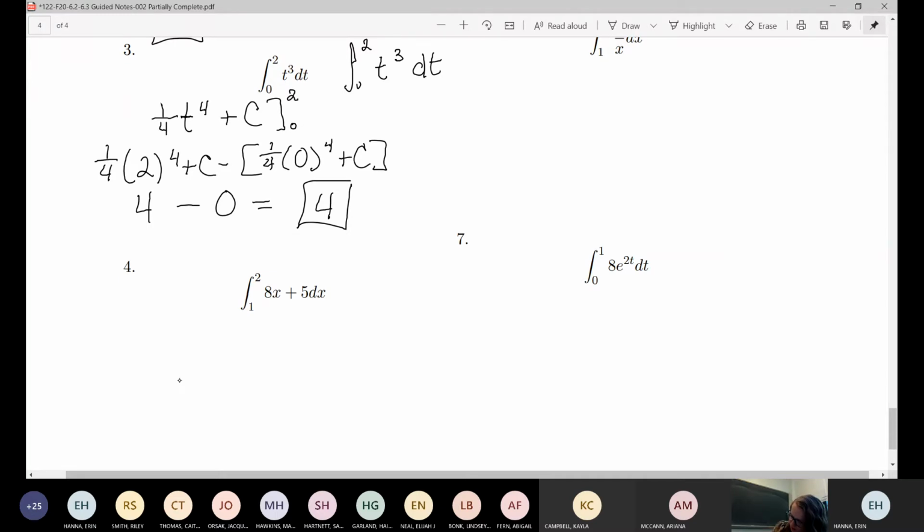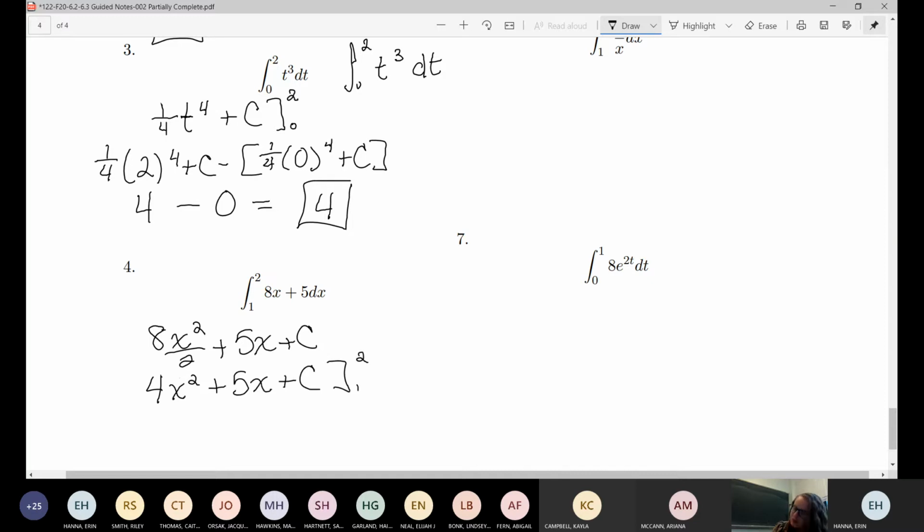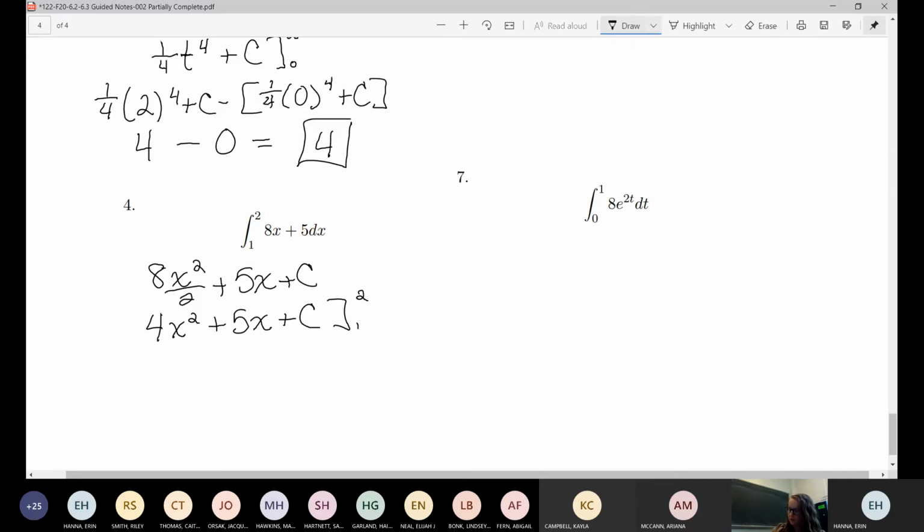Okay, so your most general antiderivative should be 4x squared plus 5x plus c, and we have to go from 1 to 2. So then we plug in 2 and subtract what we get when we plug in 1.